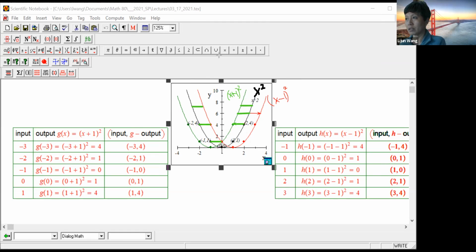From x squared to x minus 1 squared, the red is shifted 1 unit to the right. Every point shifted 1 unit to the right, horizontally.